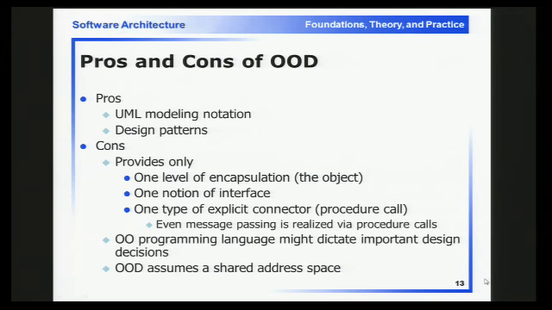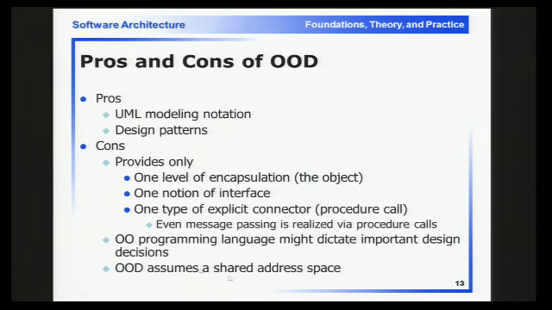On the other hand, when we talk about object-oriented design, naturally we think about the language we are going to use, right? So naturally we choose an object-oriented language to implement our system, because it seems to be the only compatible way to implement our systems.